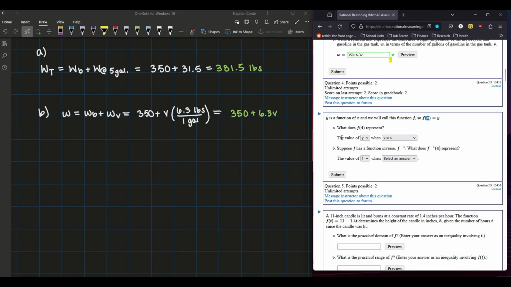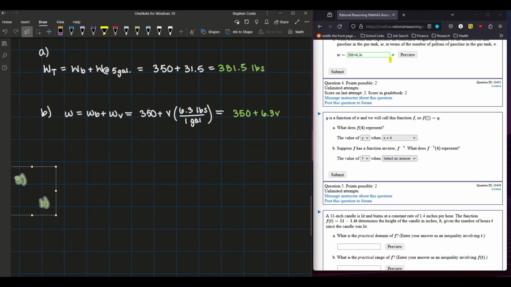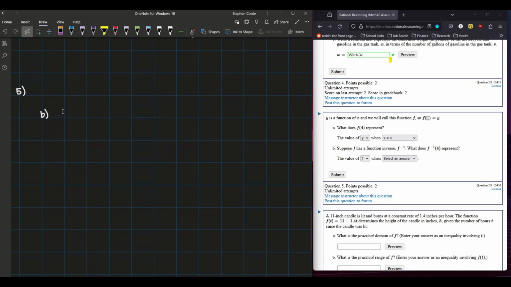If f has an inverse function, right? Remember what an inverse function is? 5b. If we have f of x equals y, then f inverse of y is x.